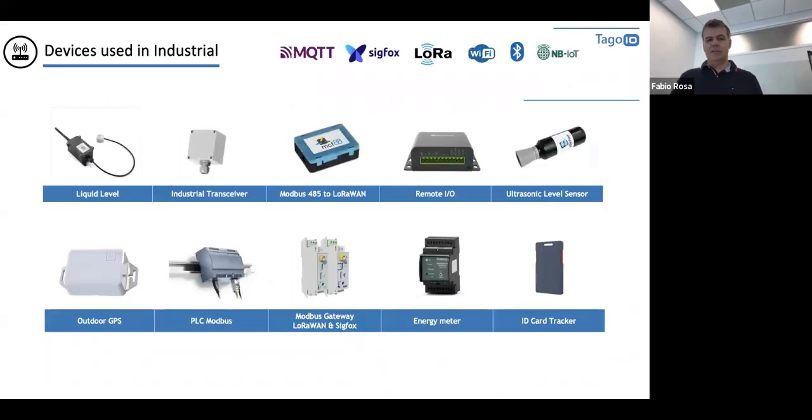I'll list here some of the devices. As I mentioned before, we have more than 400. Not all of them are for industrial environments, but here we have some. When you talk about connectivity, there are different ways, right? Sometimes you talk about wireless, like those I put here, like we have seen with Sigfox, LoRa.